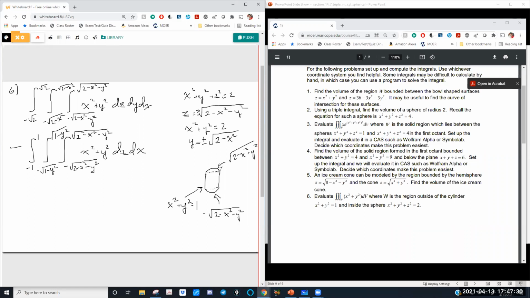So this upper limit is accounting for this piece right there. This guy's accounting for this piece. What these outer limits are doing is taking us all the way around and filling this in, making this a three-dimensional object. Okay, we're subtracting this because it's inside the cylinder?